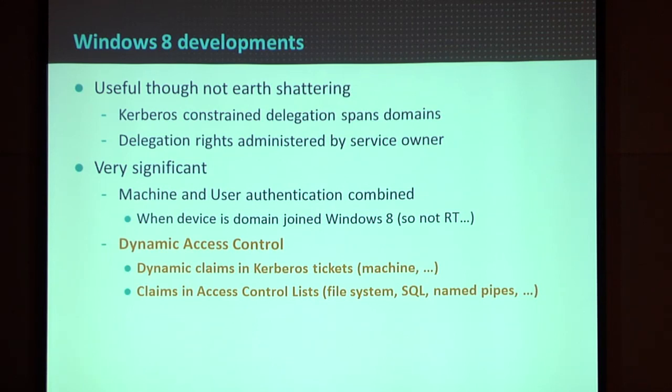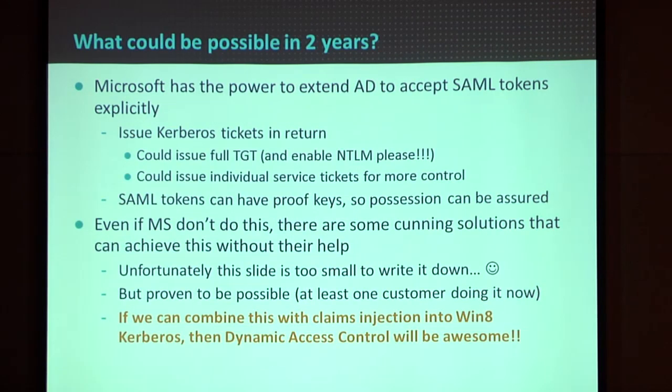And that is incredibly powerful, because if we had the ability to take a token from outside, go through systems that can do authorization, add extra attributes, control dynamically based on who you are and what device, and if that can then get into a Kerberos ticket and be checked by an access control list, that's an incredibly powerful environment, which I know some of our customers are very keen to have, and possibly coming.